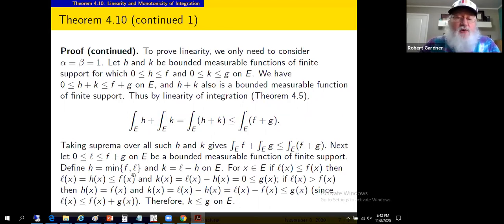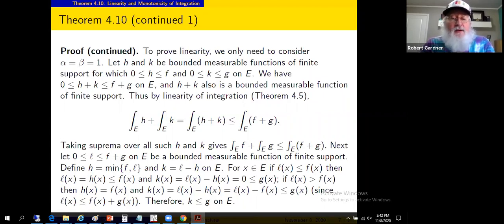To motivate the next stuff verbally, we're trying to talk about integrals of f only and integrals of g only. Define h to be the minimum of f and L, and then define k to be L minus h, and do this throughout set E.